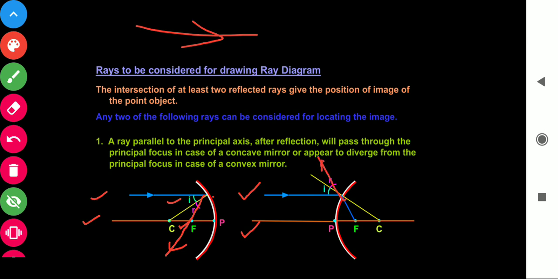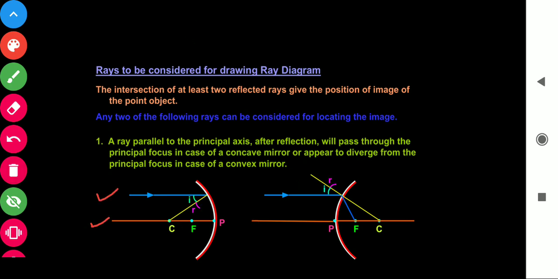This is the reflected ray, and here angle of I is again equal to angle of R. This is the first rule. When the incident ray is parallel to the principal axis, it always goes through the focus.